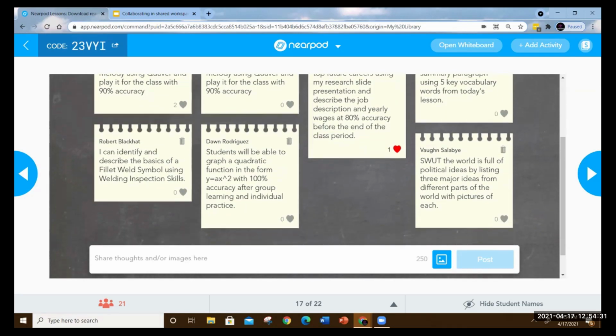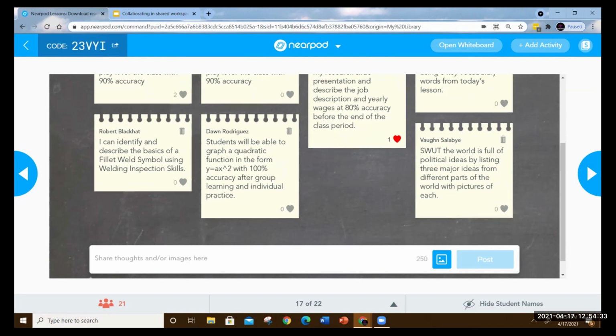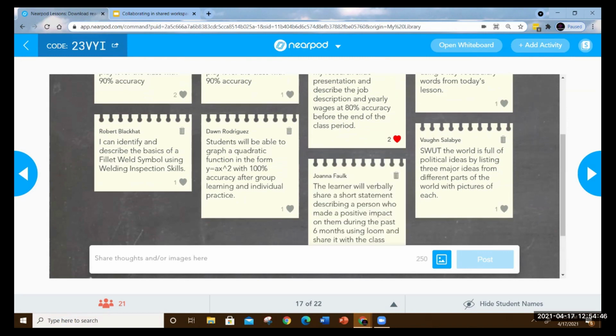Okay, either way. Okay, Robert, I can identify and describe the basics of a fillet weld symbol using welding inspection skills. Okay, Robert, I like where you're starting too. Can you be more specific with the basics?